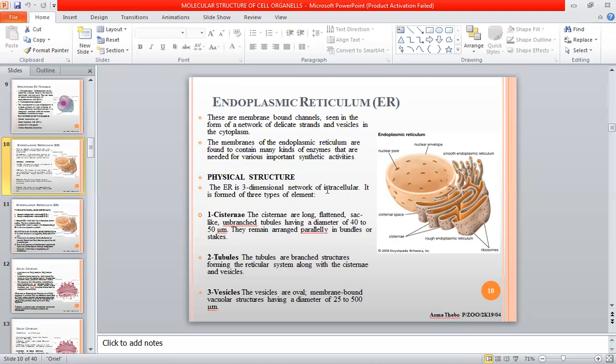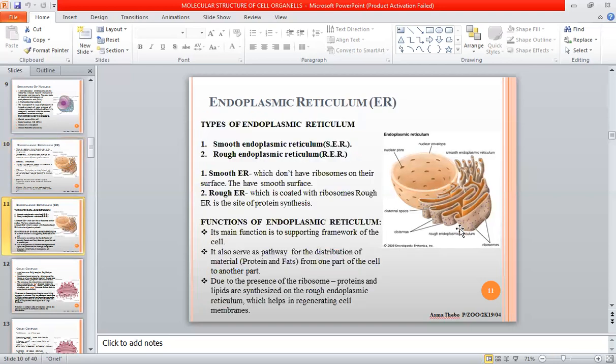Cisternae are long, flattened sac-like structures, about 40 to 50 micron, arranged in parallel. Tubules are tubular branched structures forming the reticular system, whereas vesicles are oval membrane-bound structures having a diameter of 25 to 50 micron.